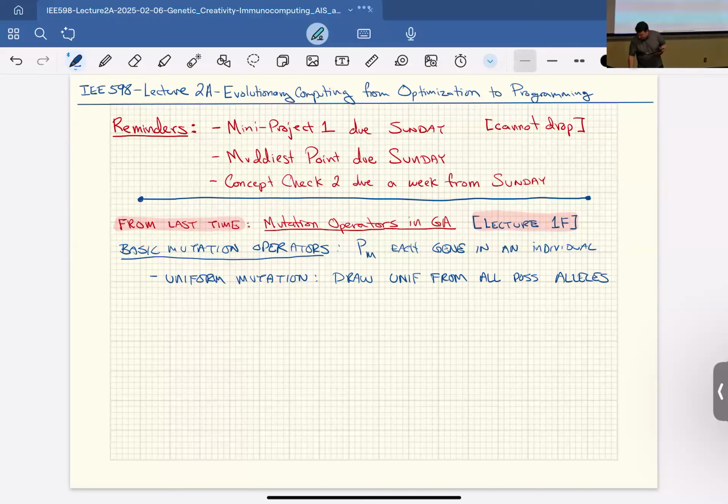So for individual J at gene I, the next gene, if it's been selected for mutation, is just going to be drawn, in the case of a real-valued gene, from a range with a lower bound and an upper bound, uniformly.